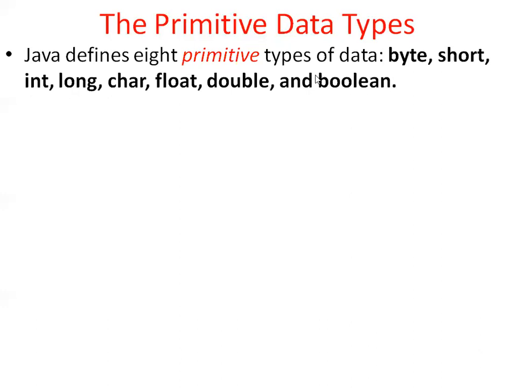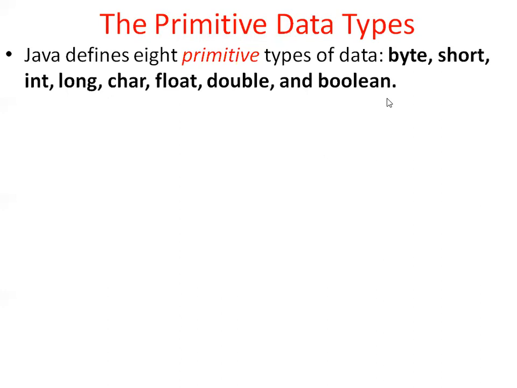Boolean is a new type in Java which is not available in C++, but the latest versions of C++11 also support this boolean type. These are the 8 primitive types supported.